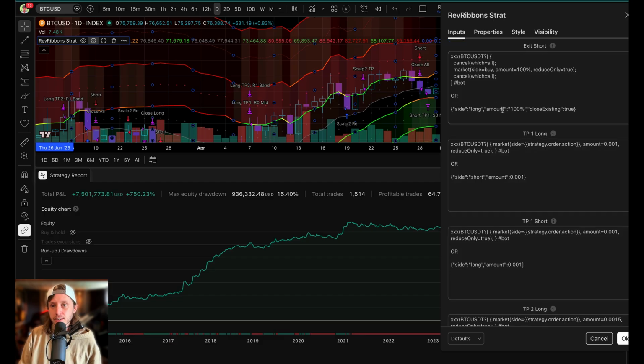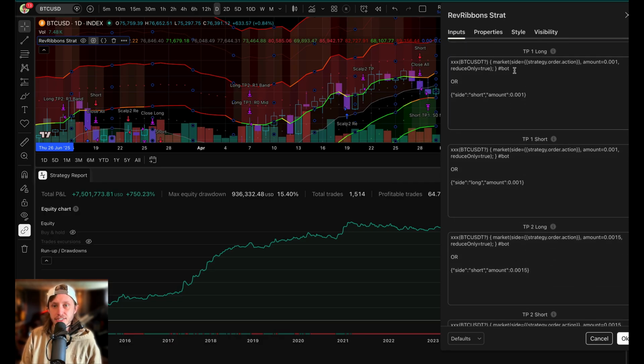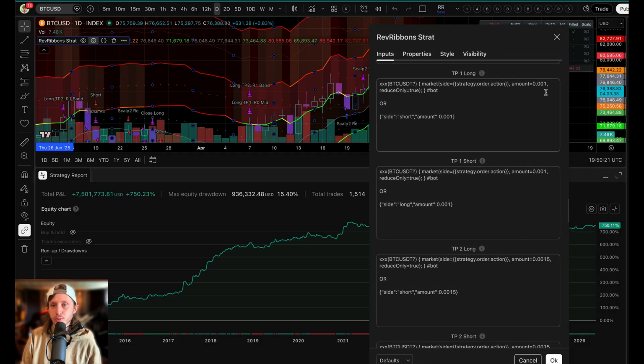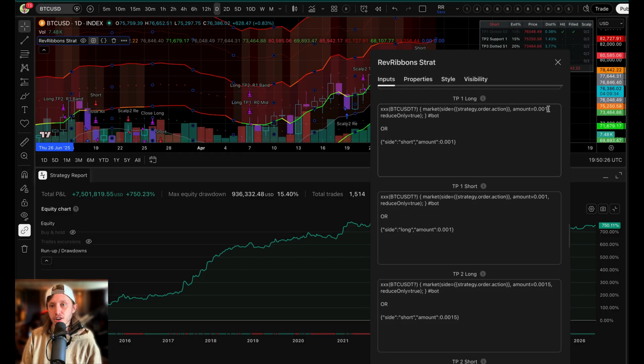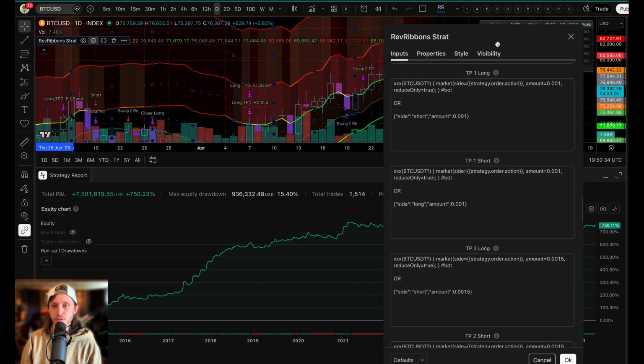Okay. Last things to look at are take profit and scalp re-entries. You could set this amount to whatever you want it to be. I find that percentages are tricky, and there's a lot of things that could go wrong with percentages as your account changes over time and as your trade amount changes over time. That can just get messy.